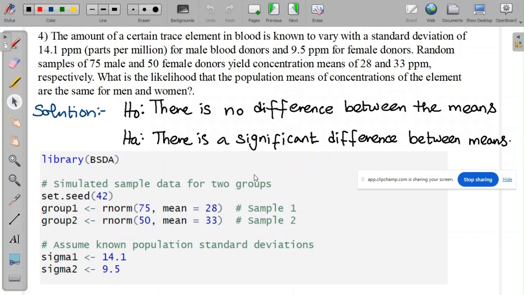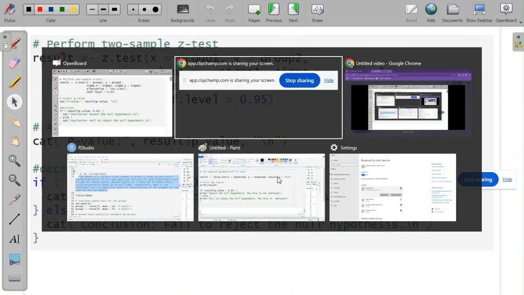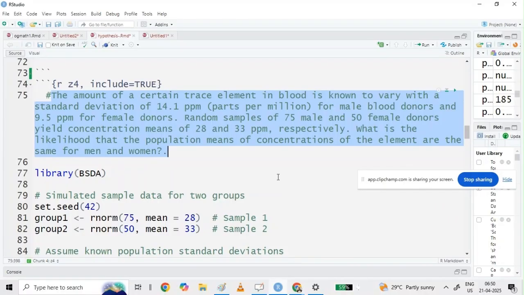The standard deviations are also given, and based on that, we find out the value of the test statistic using the z.test function, and we define the procedure to make the decision. Having defined all this, we can run this code.